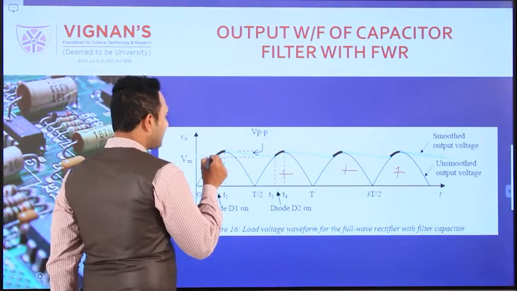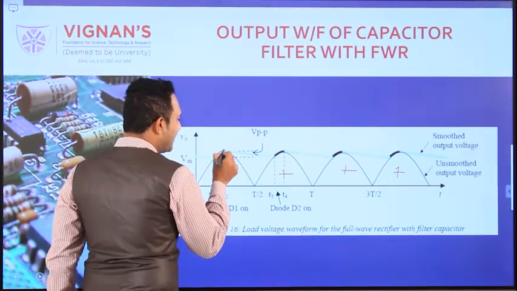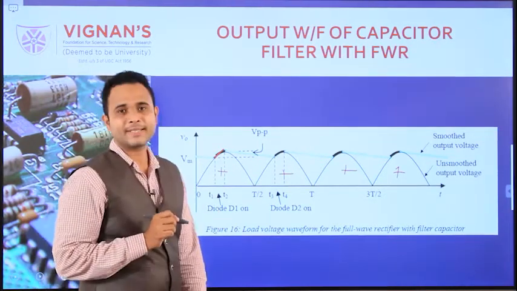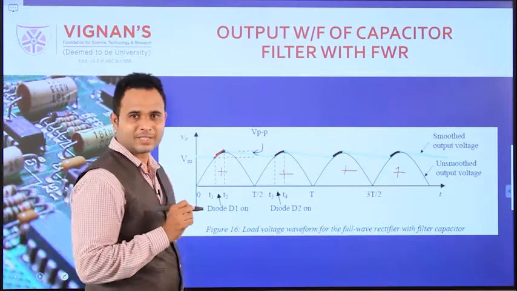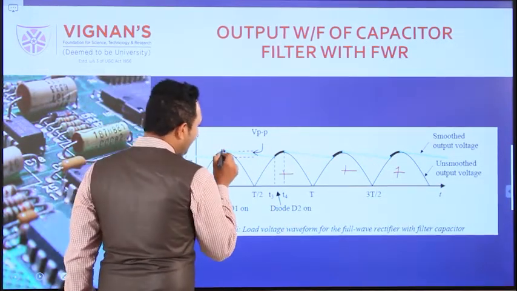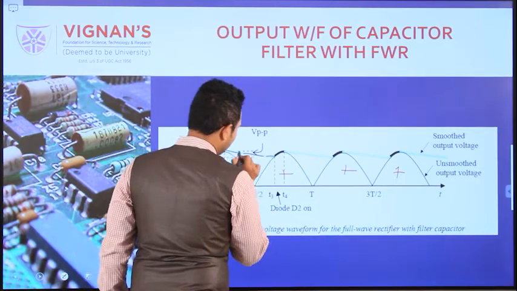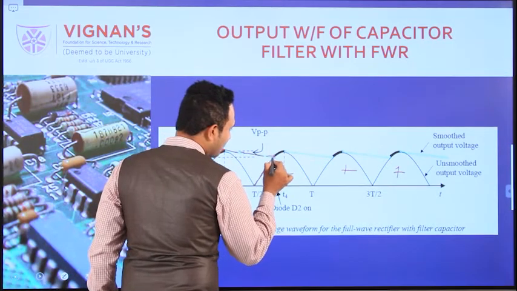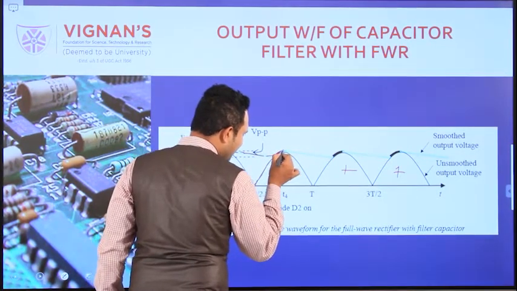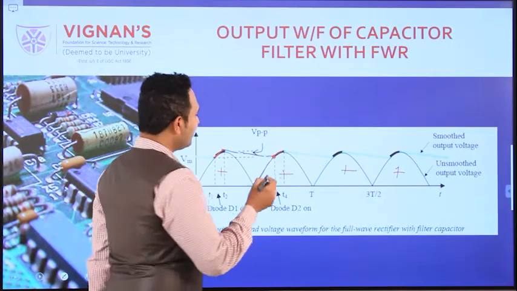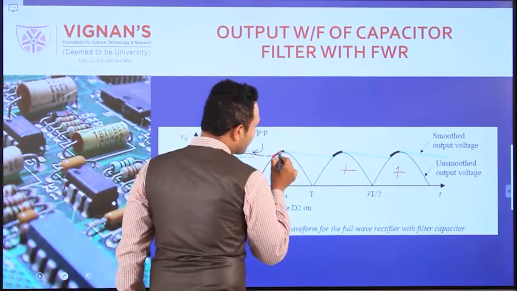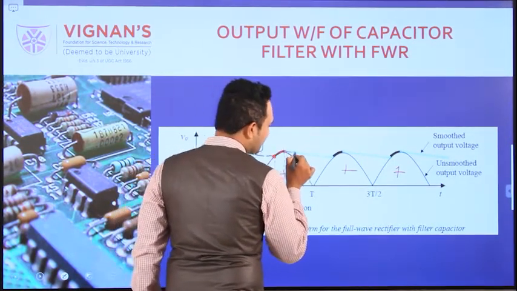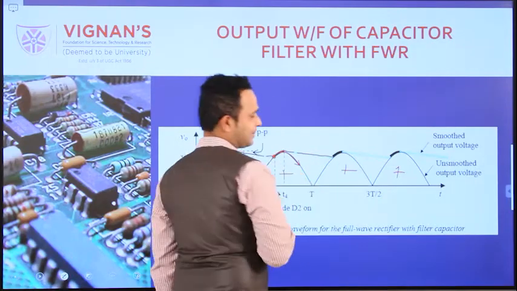At the time of the positive peak, meaning the maximum peak, the capacitor charges. After that, the capacitor discharges. Again the next positive peak comes with a similar output, and again the capacitor charges. When this positive peak goes downwards, meaning it decreases, the capacitor again discharges.